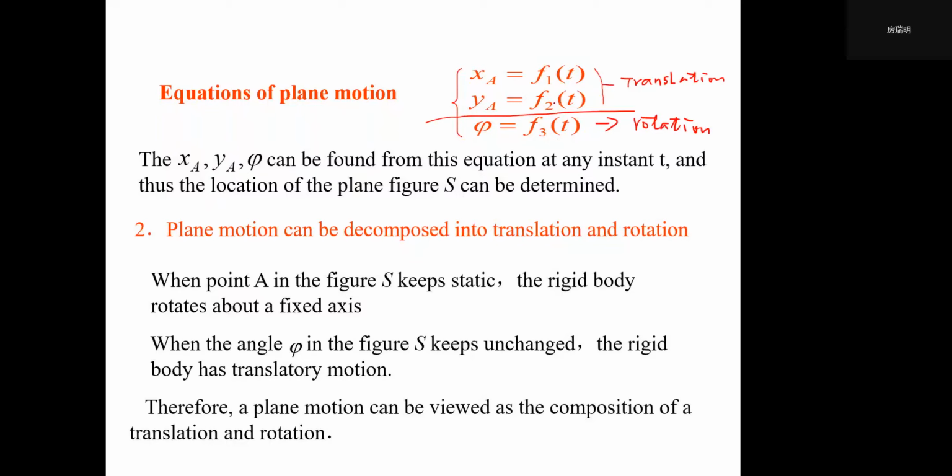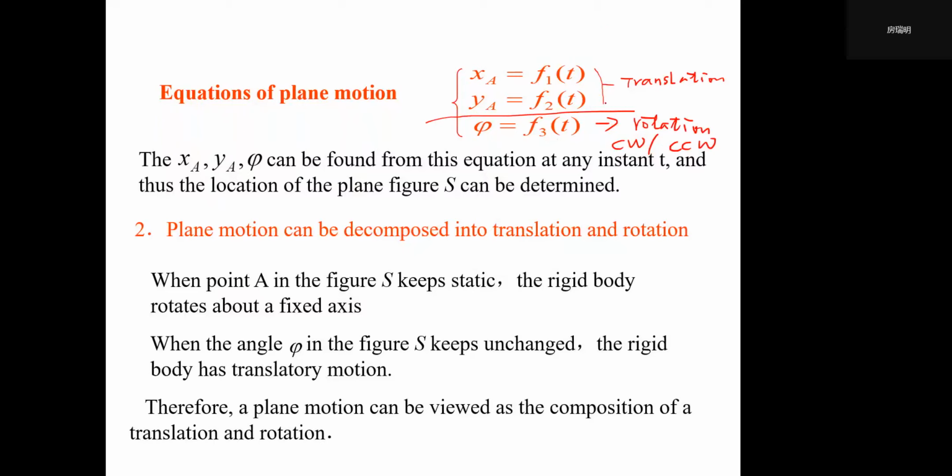If we use our right-hand rule to denote the rotation direction, it may be CW direction or CCW direction, right? Its vector will be perpendicular to our reference plane, and this translation will always be on this plane.